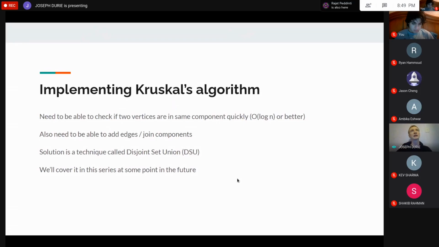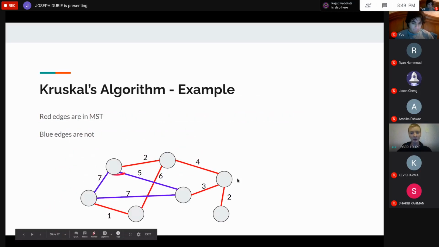We discussed this in the advanced lectures a while ago, and we'll get to it here probably at some point soon. But we're not going to go over the exact implementation. Basically, it's just doing what we did here using the fast component queries and component joins that you get from DSU.